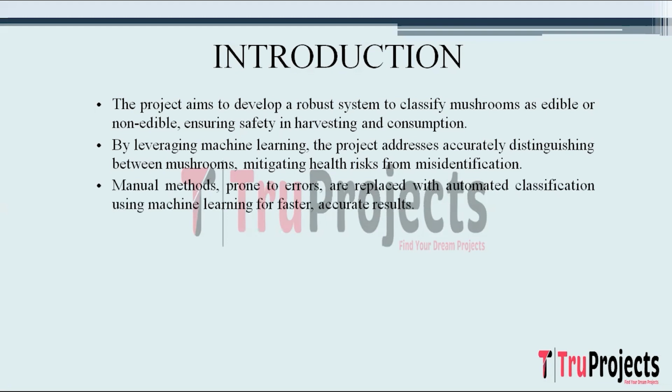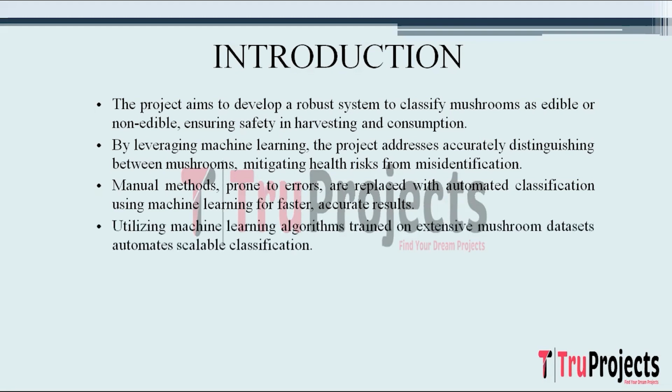Historically, mushroom classification has heavily relied on manual identification techniques, which often involve intricate visual examination and reference to field guides. However, these methods are labor intensive, time consuming, and prone to errors, particularly for inexperienced individuals. Moreover, the vast diversity of mushroom species complicates accurate identification.